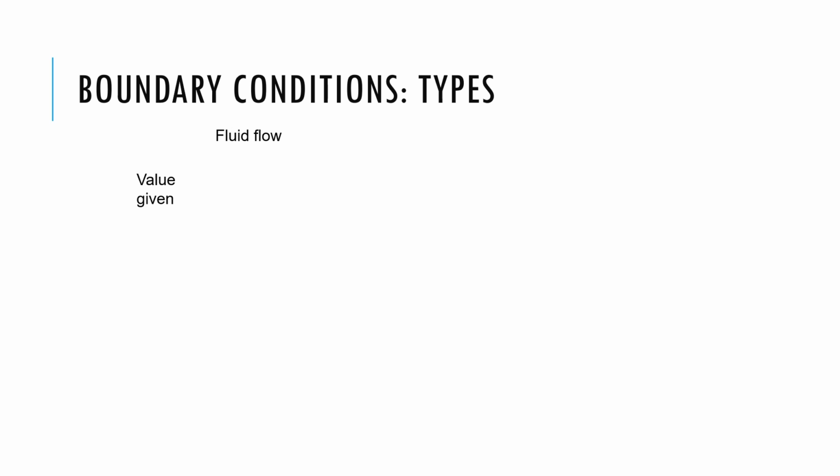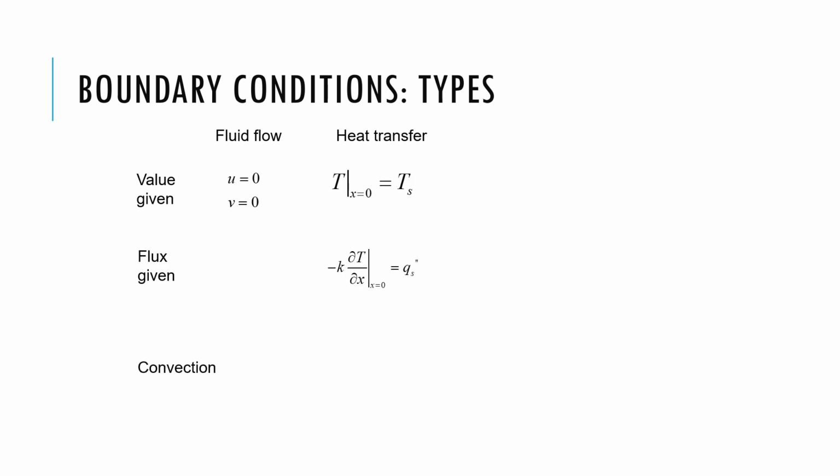For fluid flow, we typically have 0 velocity on the surface. That's the most common one on a solid surface, which assumes the solid is not moving. If the solid is moving, then the fluid velocity is equal to the solid velocity. For both heat transfer and mass transfer, we have 3 different types of boundary conditions.